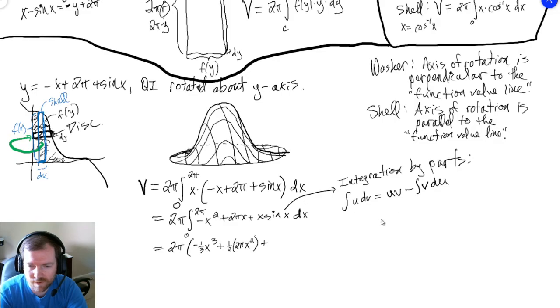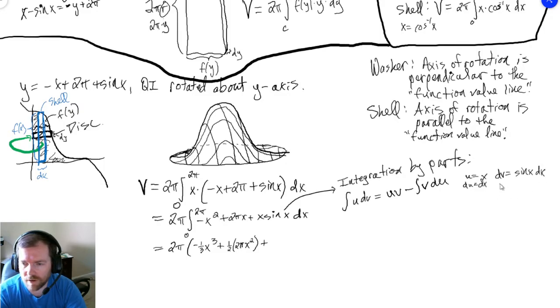Alright, so then here, the thing that we are going to take the derivative of is going to be x, because that's easy. So du is just dx, simple substitution there. dv is going to therefore be the sine of x dx, and therefore v is going to be equal to, take the integral of sine, it is a negative cosine of x.